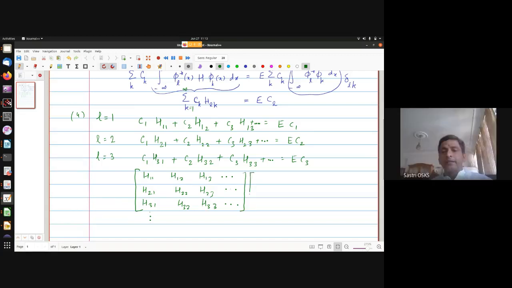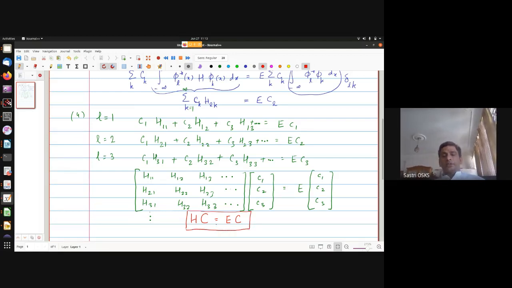So this is multiplied by C1, C2, C3. This is equal to E times C1, C2, C3. So this is what we call the Hamiltonian matrix H. This column vector C is equal to E times C. So we have transformed the second order differential equation to a matrix equation.